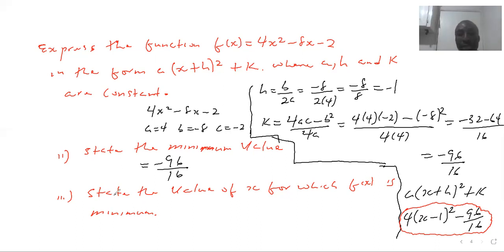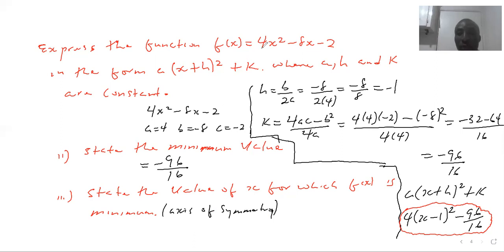Now the next question is to state the value of x for which f(x) is minimum. When they ask you for the value of x for which f(x) is minimum, they are asking for what you call the axis of symmetry. How do we work this out? This is very simple. Whatever you have inside the bracket, you take it out without the square and equate it to 0.